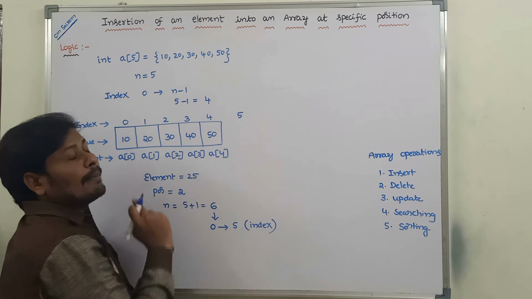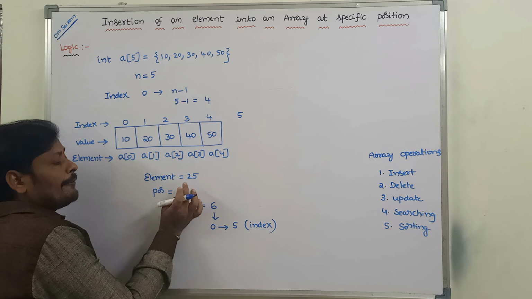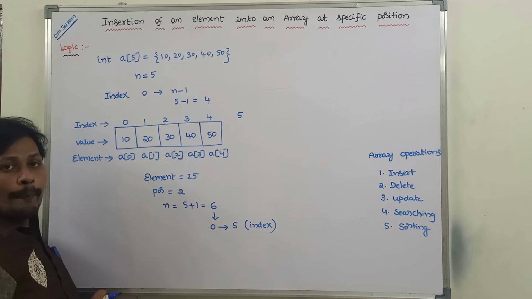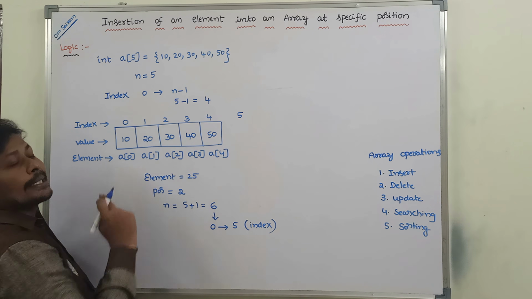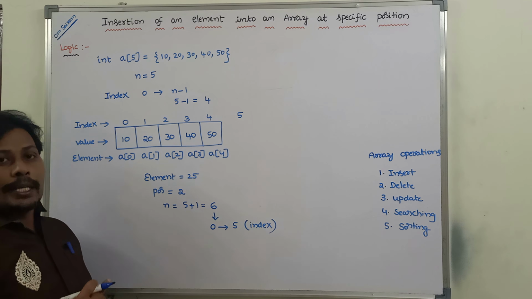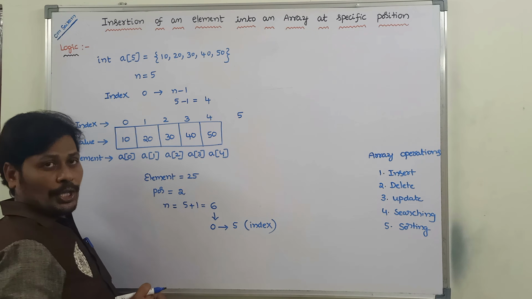Total 6 elements are there after inserting element 25 in position 2. But in position 2, element 30 is already there. Now we want to insert element 25 at this position.